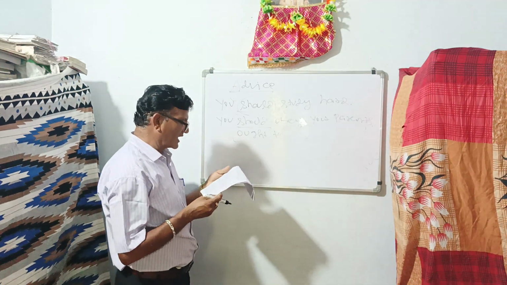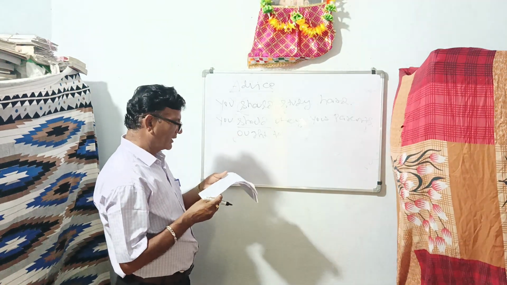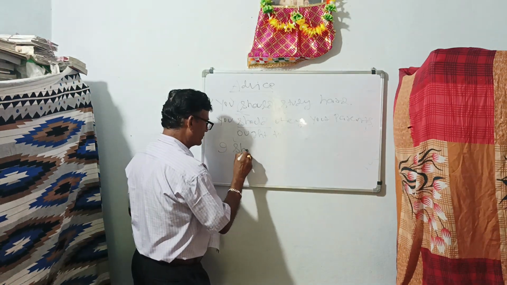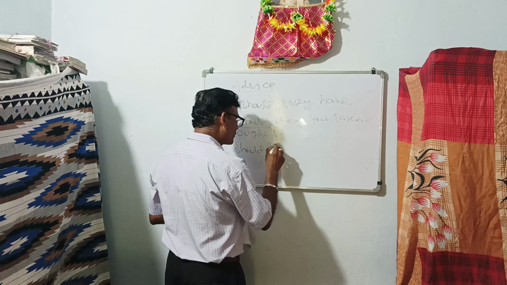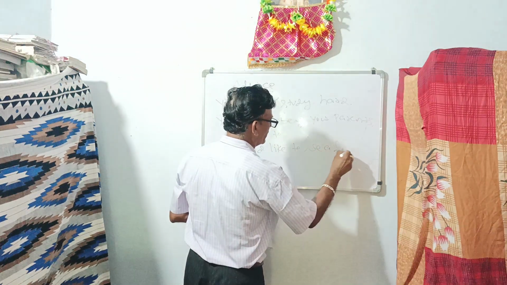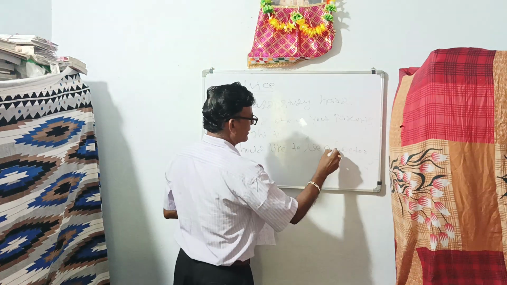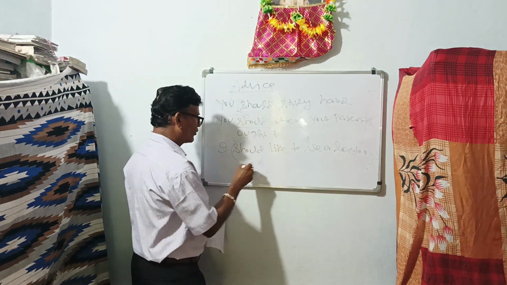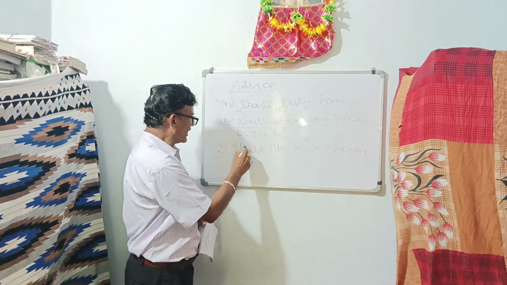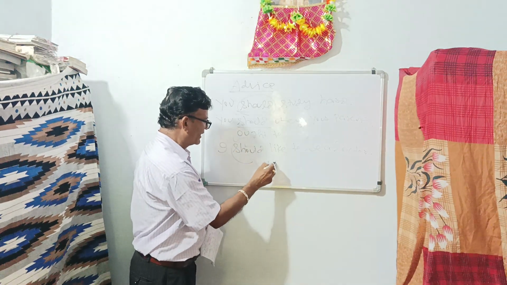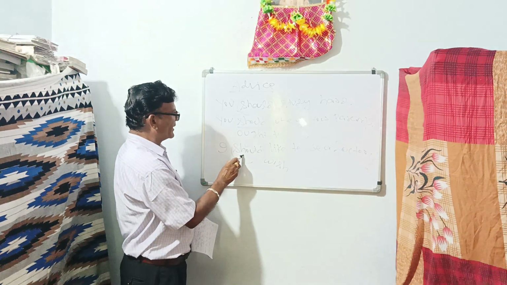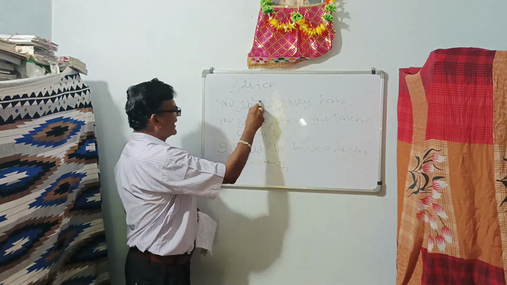Wish. I should like to be a doctor. This is my wish. Here should, the modal auxiliary verb, expresses wish. So should expresses obligation, advice and wish.